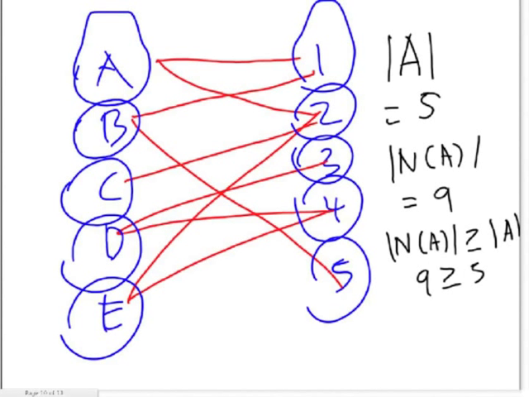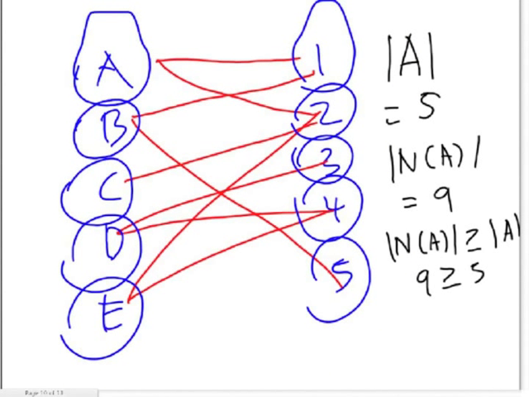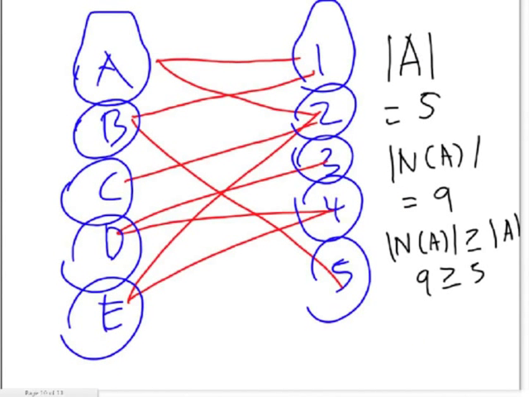And as you can see, C only likes chocolate flavor 2, so C will get chocolate 2. Let's match D to the flavor of chocolate 3. And finally, we can match E to the flavor of chocolate 4.